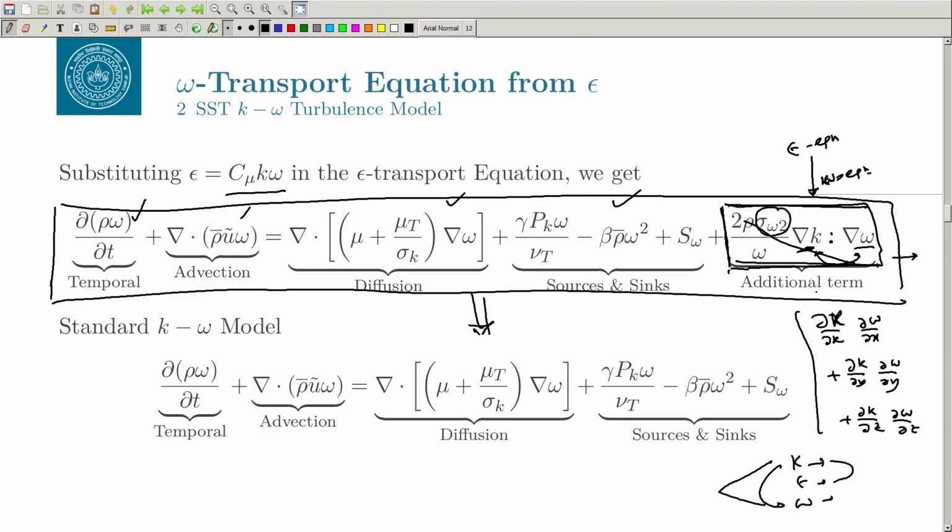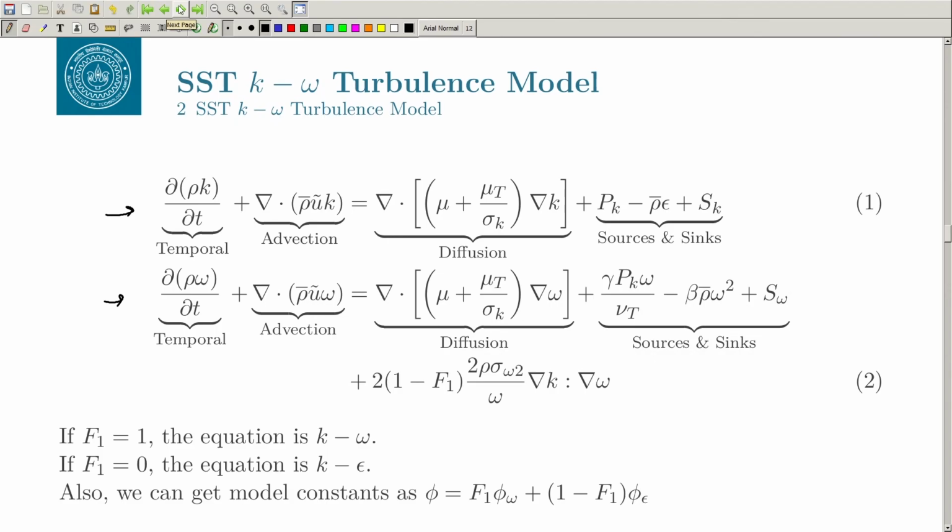But the blending has to be done in such a way that there is no abrupt jump. Okay. So, that is what is done in the SST k omega model. So, you can see this term which is basically the 1 minus f1 term. Okay. So, what does this 1 minus f1 term do? When f1 equals 1, I will show this behavior of this term.